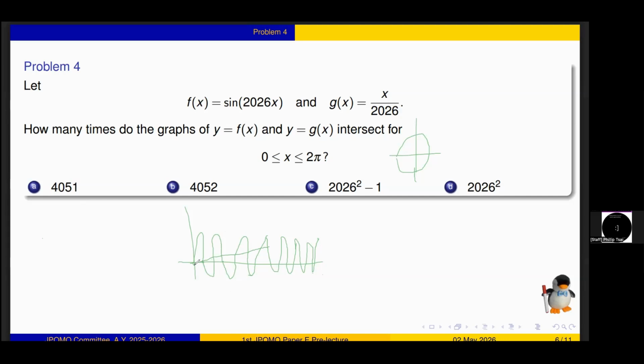The first point to notice here is the second time it hits zero. That is basically equivalent to x being where sine of x hits zero around here. Since the period is 2 pi over 2026, it hits zero for the second time at pi over 2026.